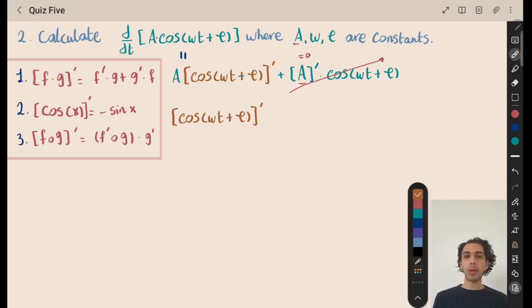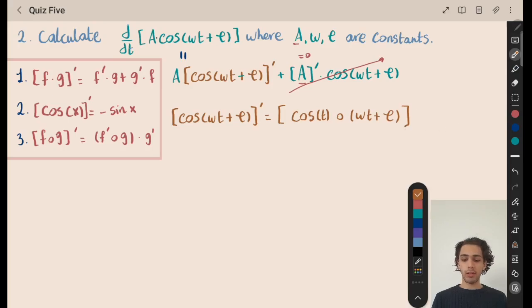This derivative of the cosine, you need to notice, and you can guess it now, is a composition of functions. So you have the cosine of x, but it's composed with omega t plus phi.